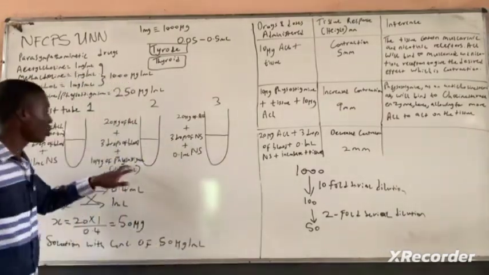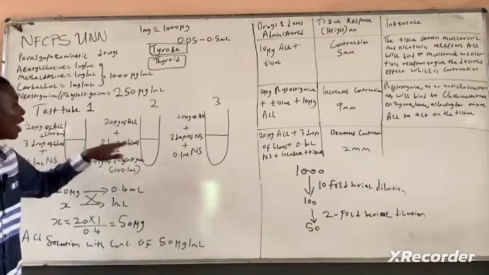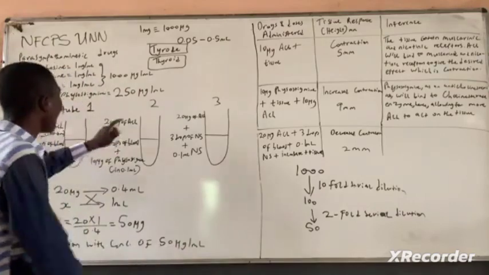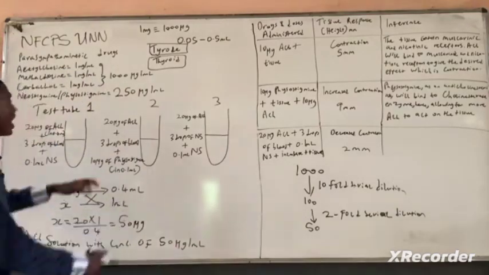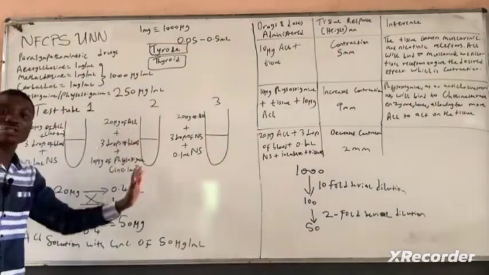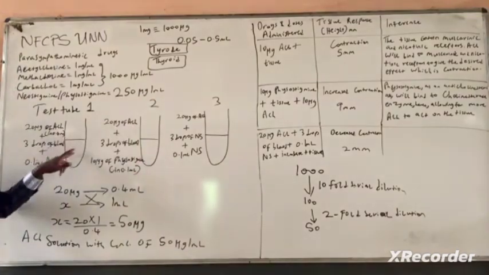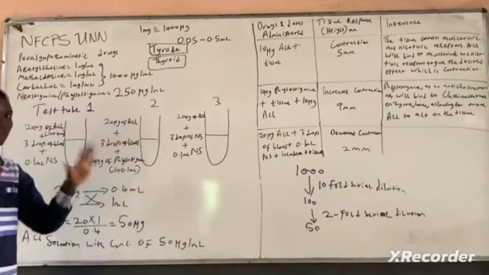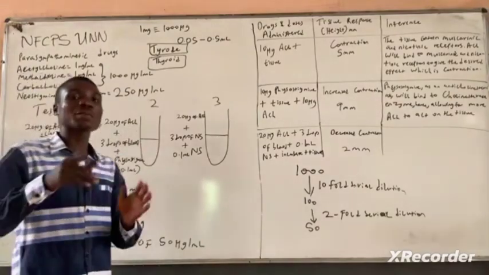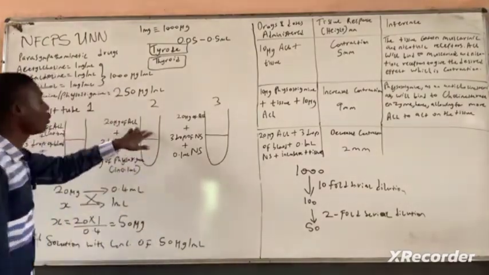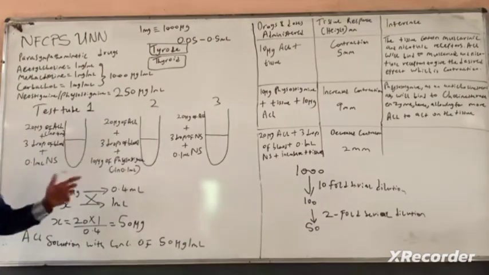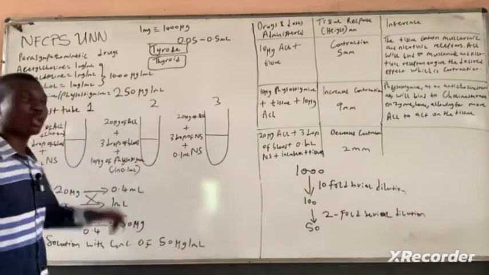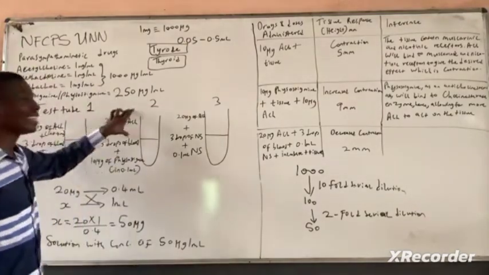So it simply means that physostigmine will react with the cholinesterase enzymes in the blood while you are incubating for the 30 minutes, and then by implication, it means that the contraction you will have from this test tube is going to be higher than the contraction you have in the previous test tube. Remember, some of the enzymes will still act on the ACH and cause breakdown of some of the ACH. But the breakdown you have here will not be as much as the one you have before because you have an anticholinesterase that is preventing the action of the cholinesterase enzyme on the ACH.